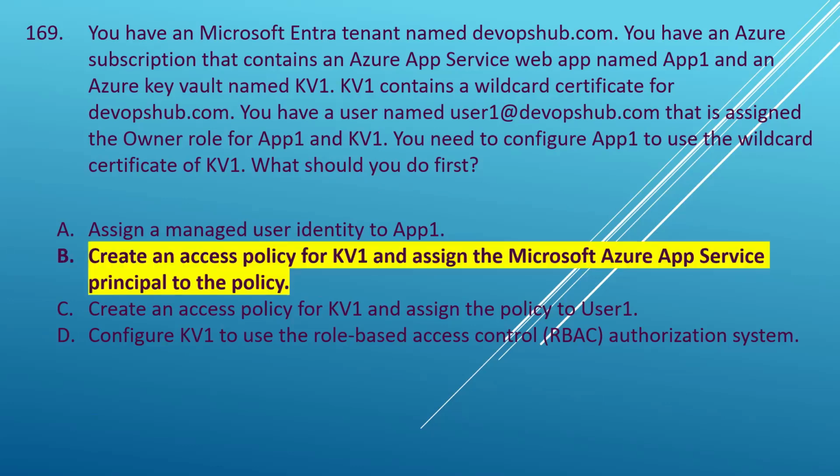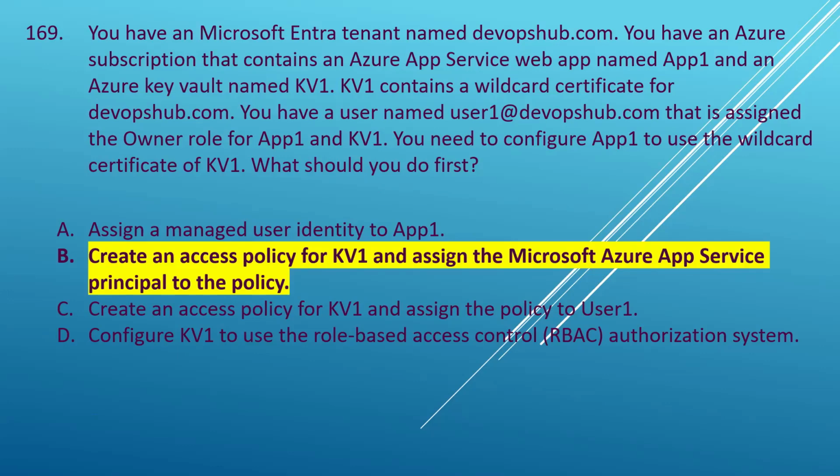And folks, the correct answer is now on your screen, which is option B: create an access policy for KV1 and assign the Microsoft Azure App Service principal to the policy. You first need to create an access policy in the Azure Key Vault, which is KV1, that allows the app service to access the certificates. Access policies define who can perform certain operations on Key Vault secrets, keys, and certificates.